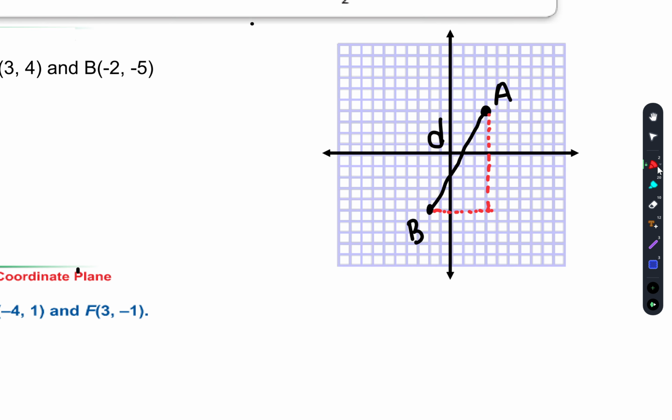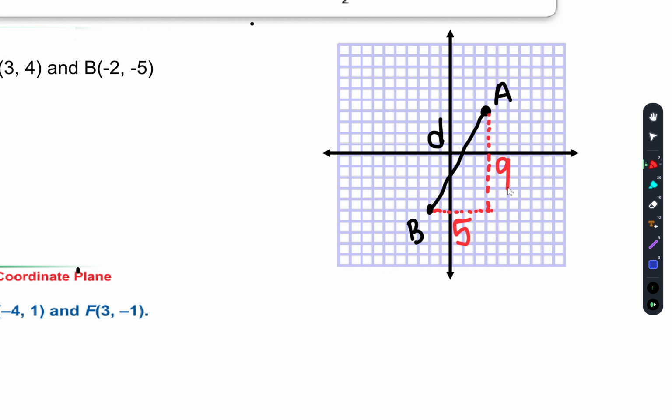So all I got to do now is count up the boxes for the side lengths. From B, I have 1, 2, 3, 4, 5. And A over here on the vertical side, 1, 2, 3, 4, 5, 6, 7, 8, 9. So I have a right triangle with side lengths 5 and 9.